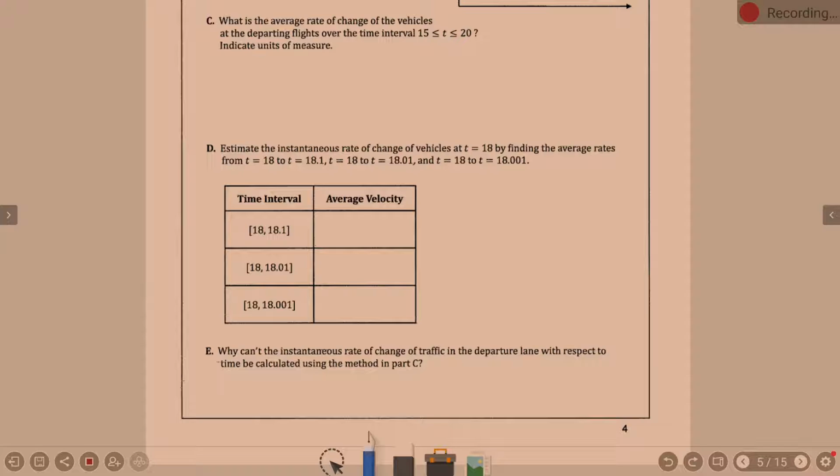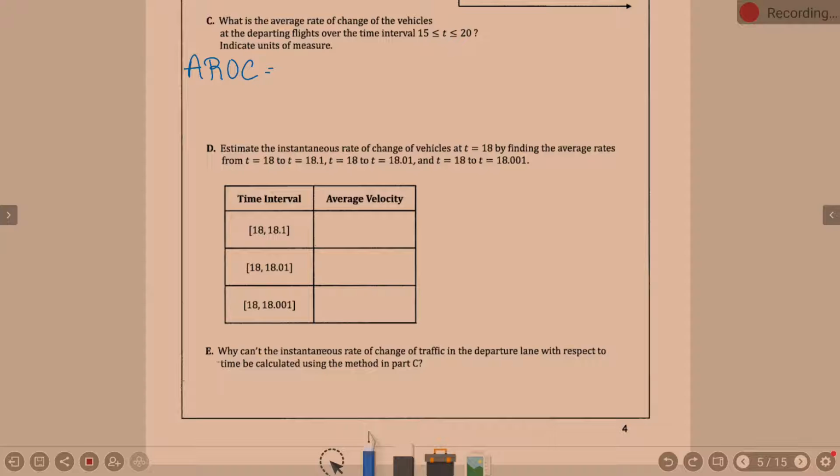What is the average rate of change of the vehicles at the departing flights over the time interval from 15 to 20 seconds? And indicate units of measure. Notice it's asking for average rate of change on the interval from 15 to 20.